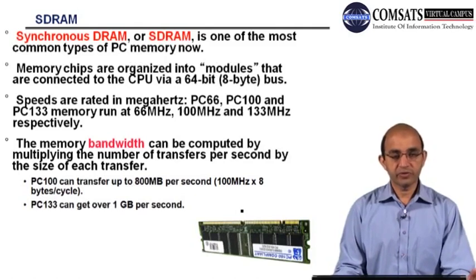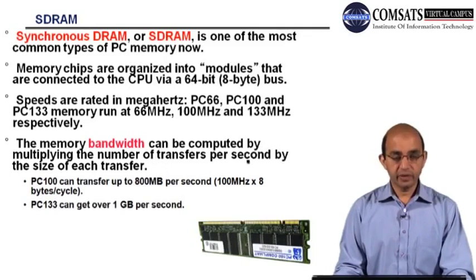Within the motherboard of a computer system, we have different slots, so we can plug in different modules if we want to upgrade the RAM. They are connected to the CPU via a 64-bit bus, and we normally calculate the speed in megahertz. We have different names: PC66, PC100, and PC133, and they can run at 66 megahertz, 100 megahertz, and 133 megahertz respectively.